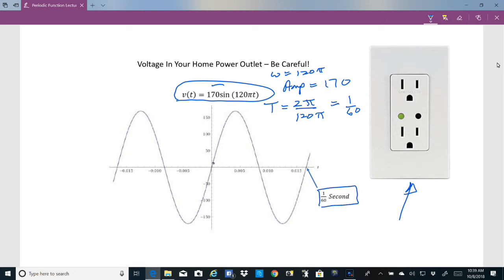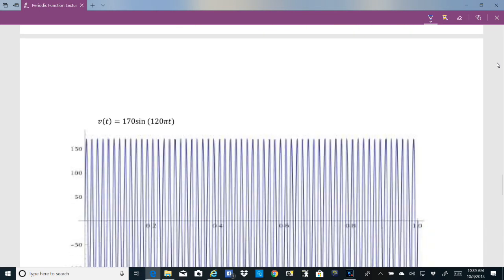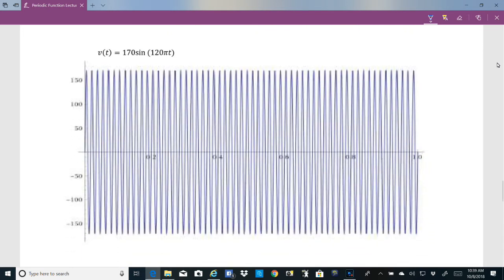And so the waveform goes from 0 up to a peak of 170, down through 0, then back down to minus 170 and back to 0. It's called alternating current, which means it goes positive and negative. If you look at a graph of the function over a period of 1 second, you're going to see 60 cycles. Sometimes we call it 60 hertz.